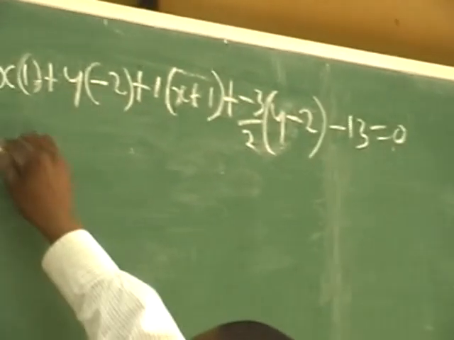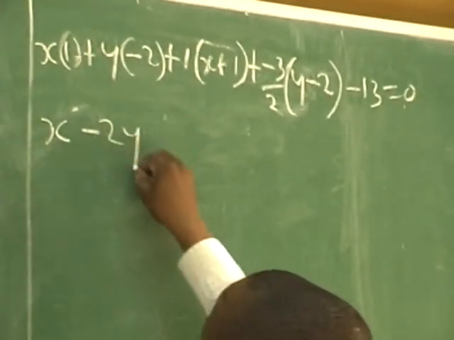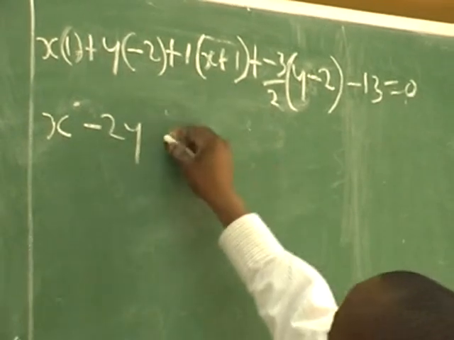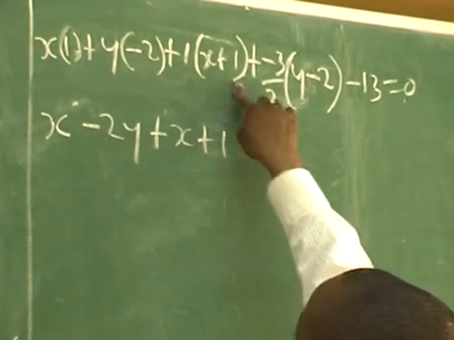Now here we have x minus 2y. Then here we have plus x plus 1, because 1 times this will give us this.